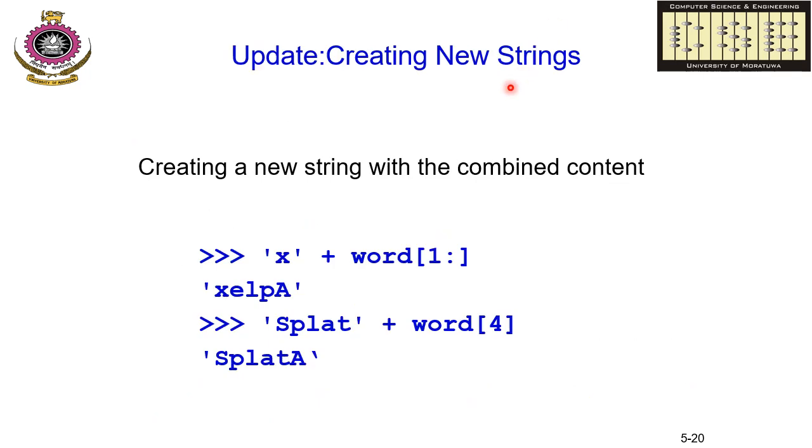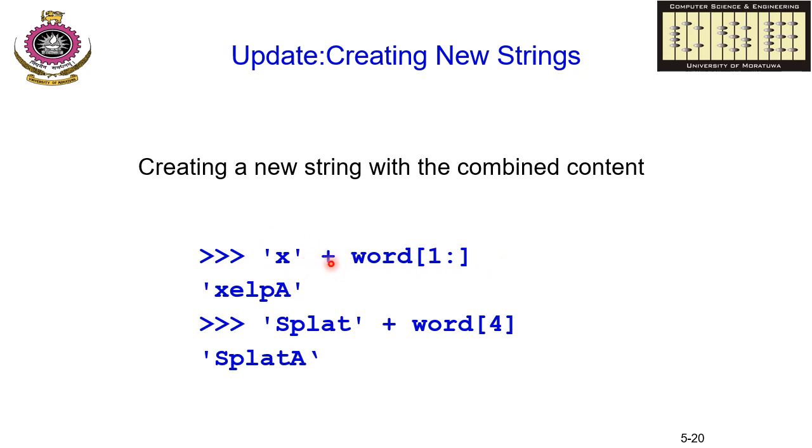We can actually create new strings using parts of already existing strings with the use of combinations. We call that combined content. For example, we already have the word string, and we can slice different parts of that word and add them to some other new strings as well.